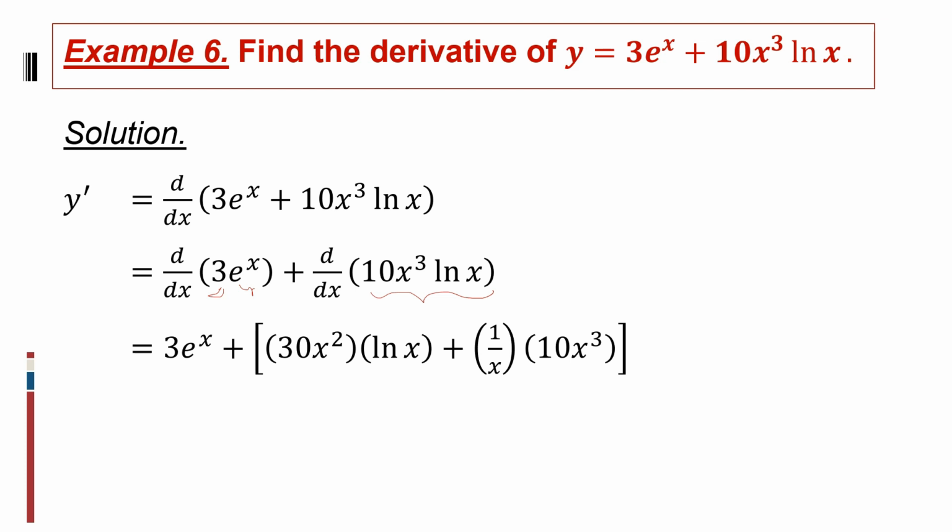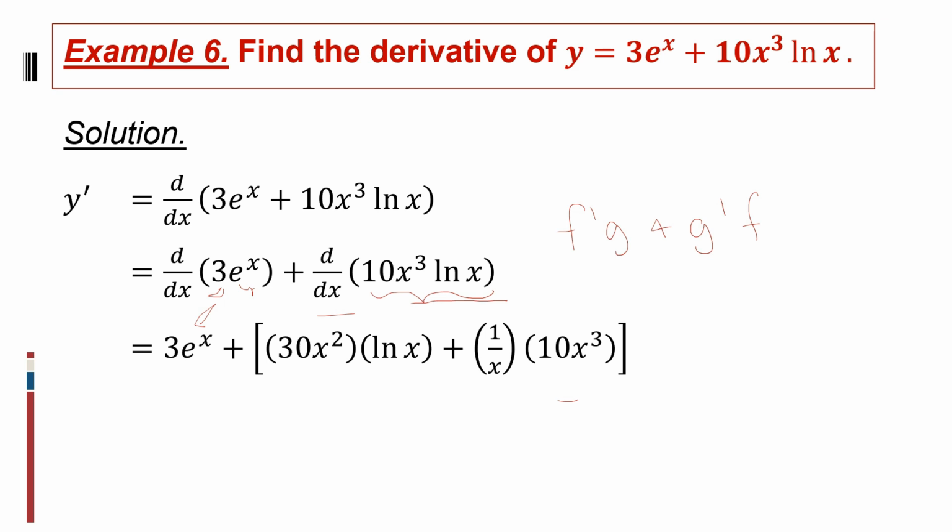So we have 3 times e raised to x, yun lang yan. And then yung derivative naman nito ngayon is, okay, f'g plus g'f. Plus yan na kasi multiplication. So we have f prime, so that is 30x squared, times g, which is ln x, plus g prime, which is 1 over x, times f, which is 10x cubed.